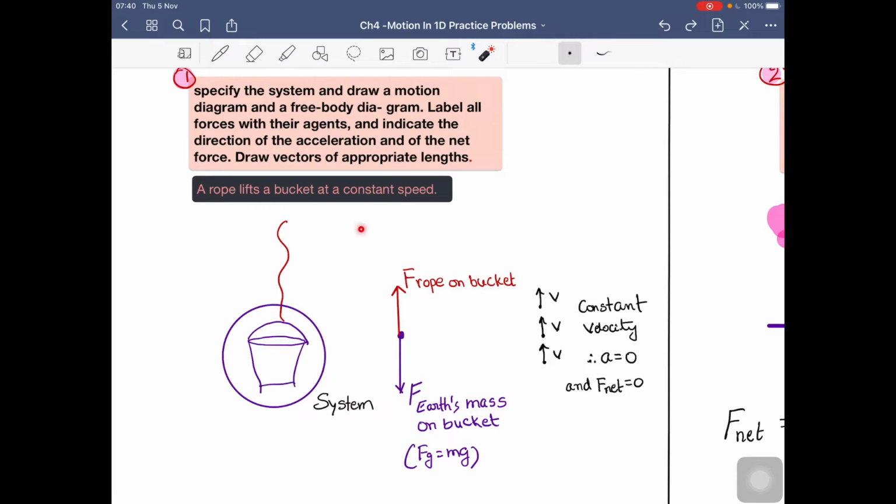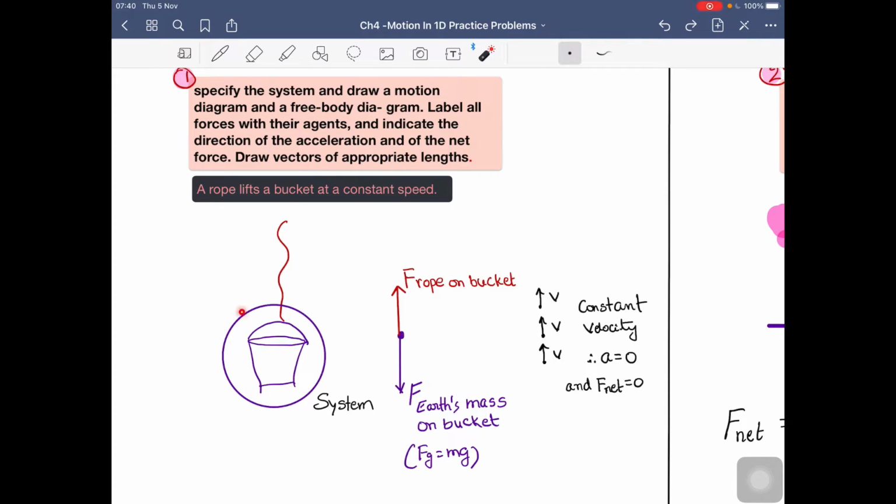If you just draw this, it does not tell us whether the system is moving or not. So we have to say what happens to the speed: constant speed in the upward direction. We know the direction and the magnitude, so that's the velocity. It's constant velocity.